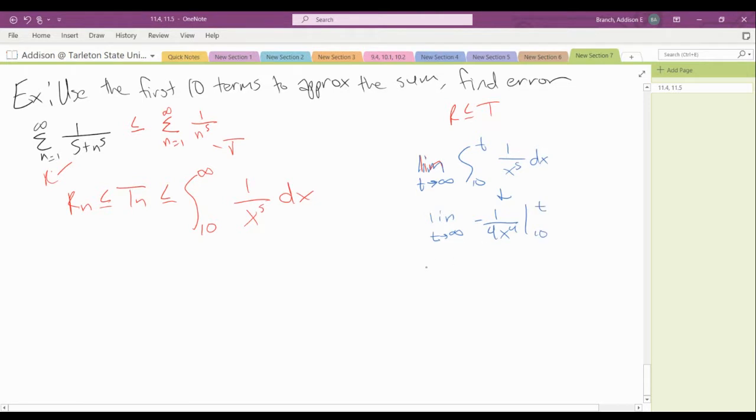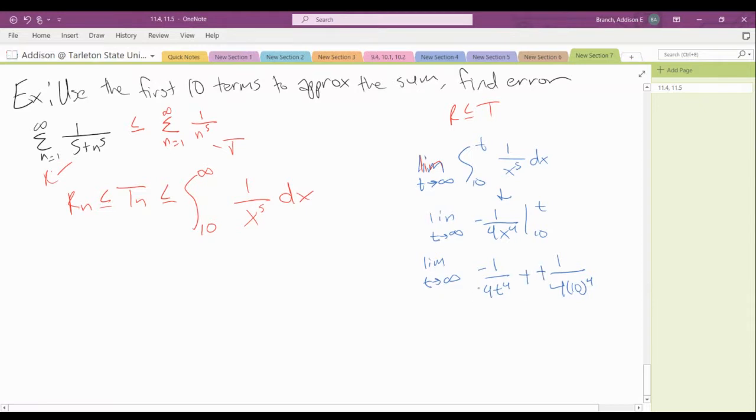We're going to get the limit as t approaches infinity of negative 1 over 4 t to the 4th minus a negative 1 over 4 times 10 to the 4th. And then, of course, that's going to cancel out.